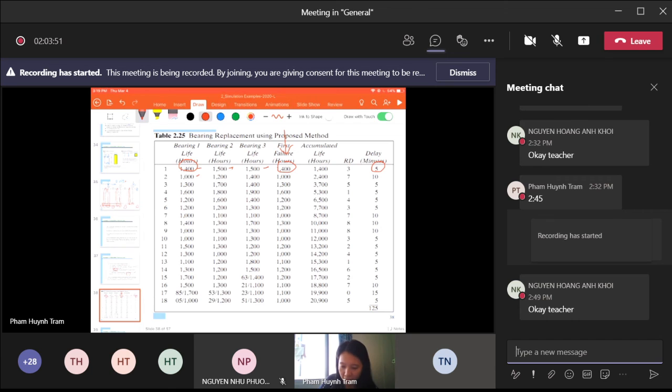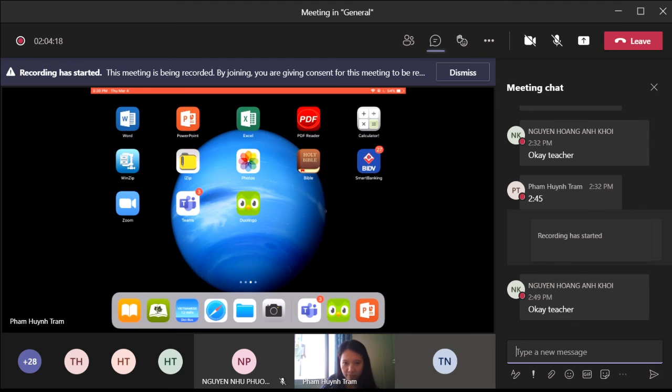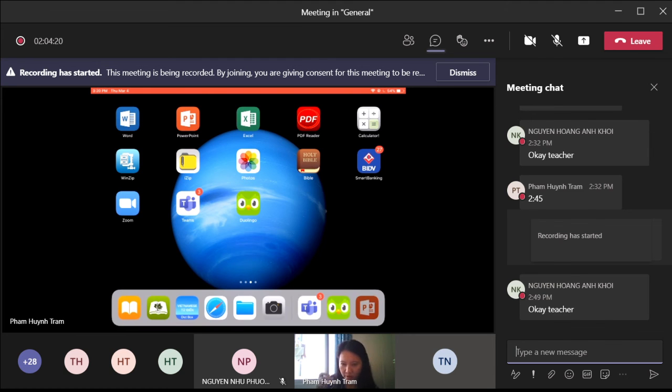The second bearing 2 lasts for 1,200 hours, and the second bearing 3 lasts for 1,400 hours. So that one failed first after 1,000 hours of running. Sorry, this one will be our simulation clock, so we look at the accumulated life.